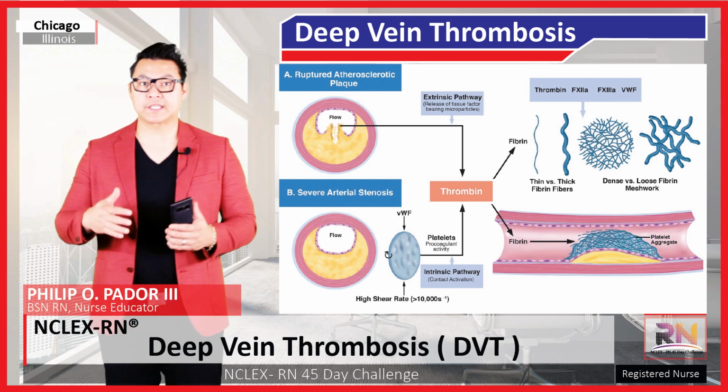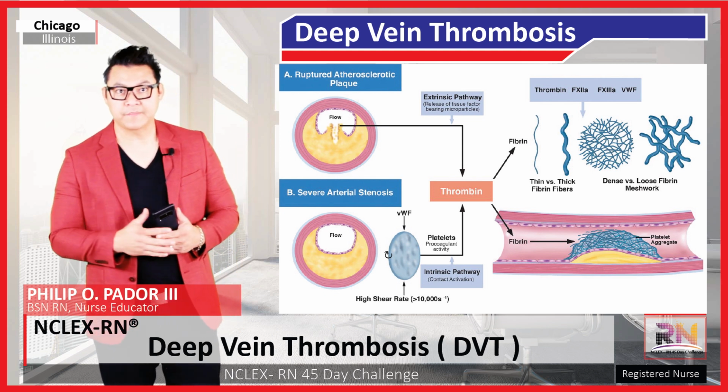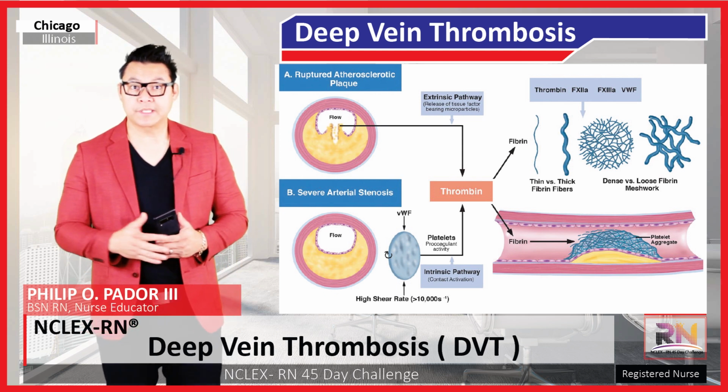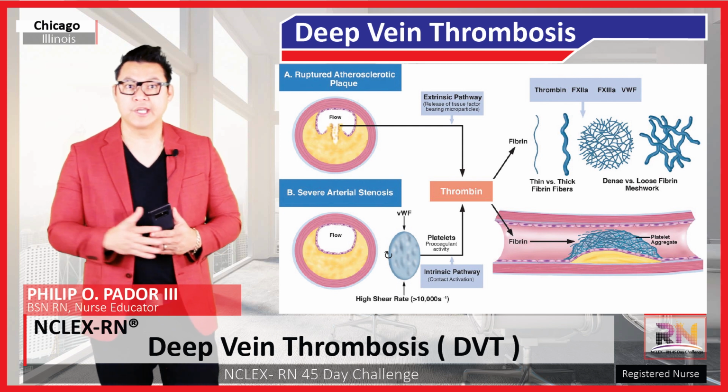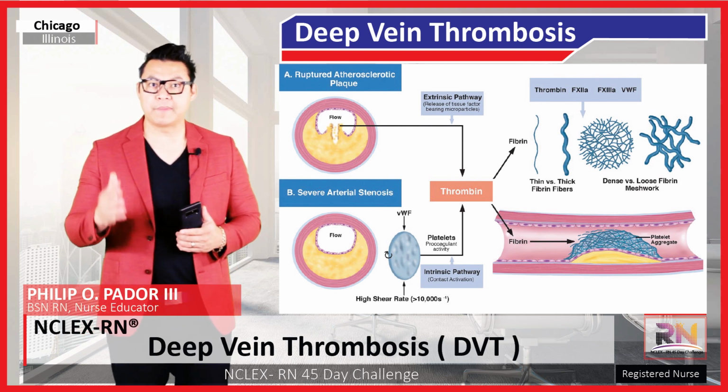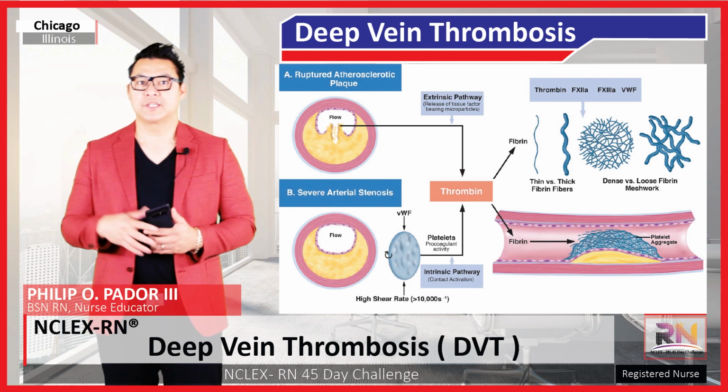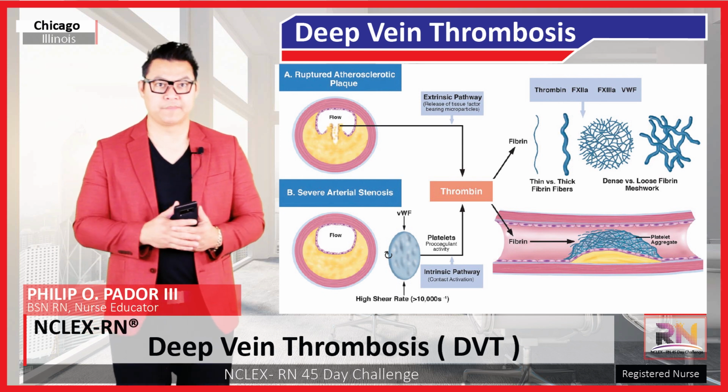Thrombin then activates fibrinogen to fibrin. Fibrin forms the basis of the fibrin mesh and is the last step in the formation of the thrombus. So now, the thrombus is formed.